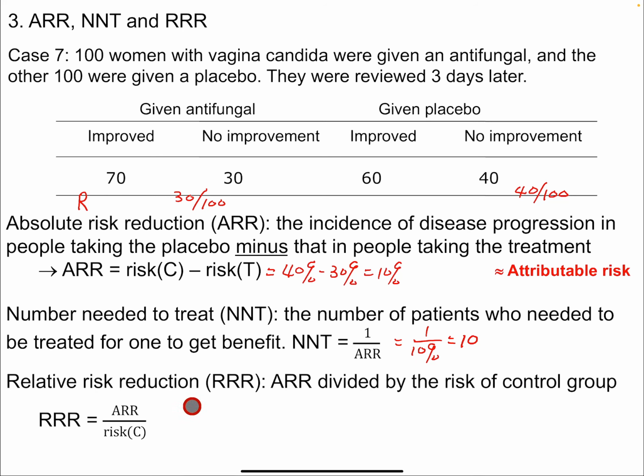Relative risk reduction is ARR divided by the risk of control group, which is represented here.